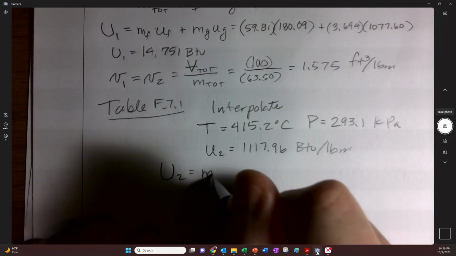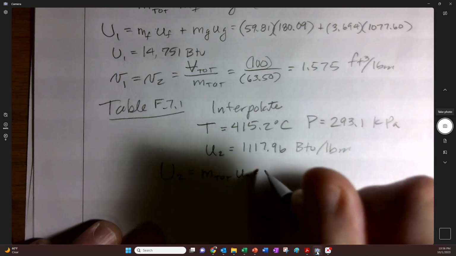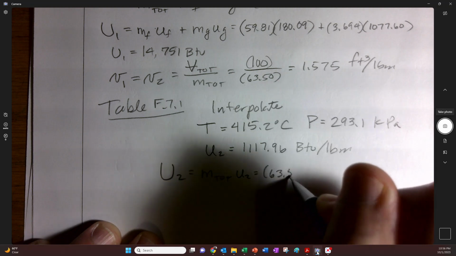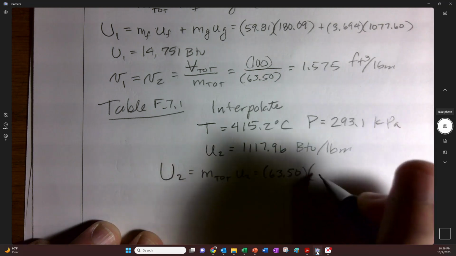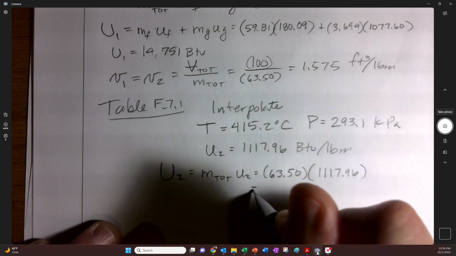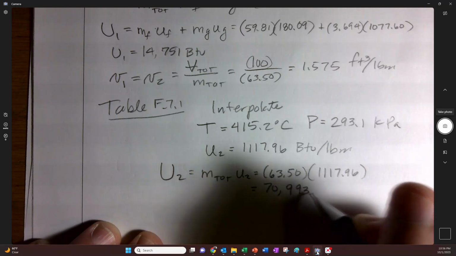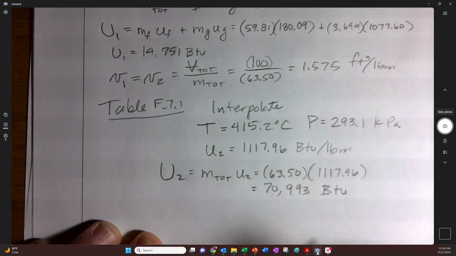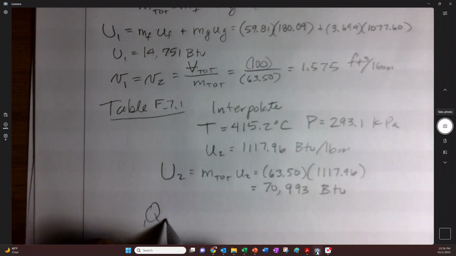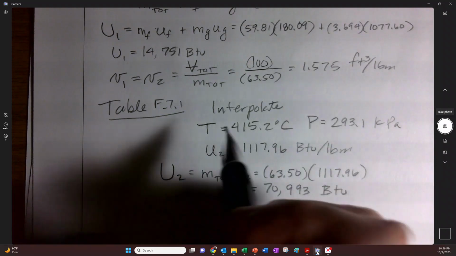It's going to be M total times U2, or 63.50 times 1117.96, and that gets us 70,993 BTUs.